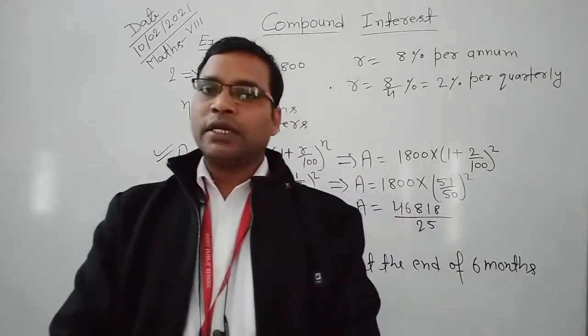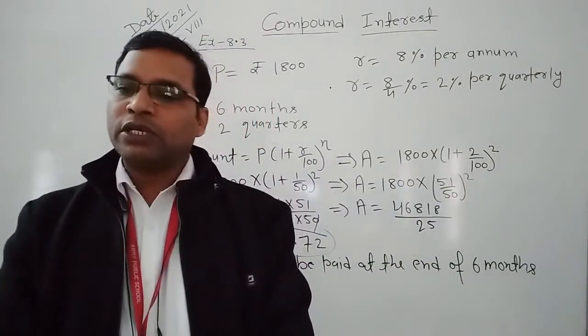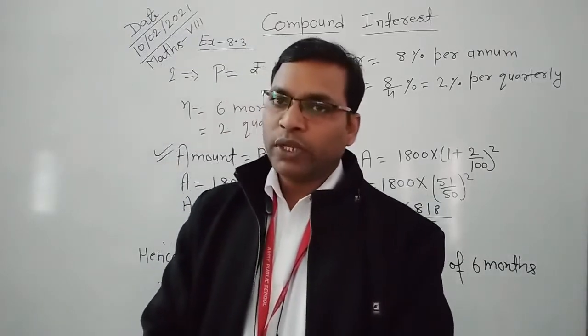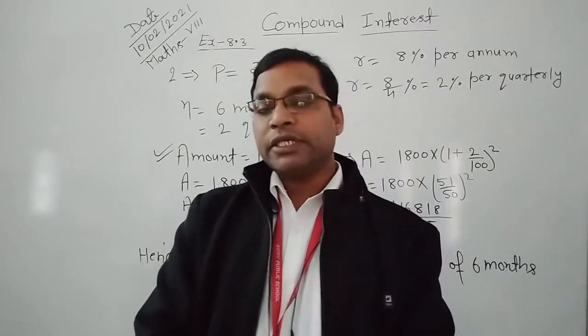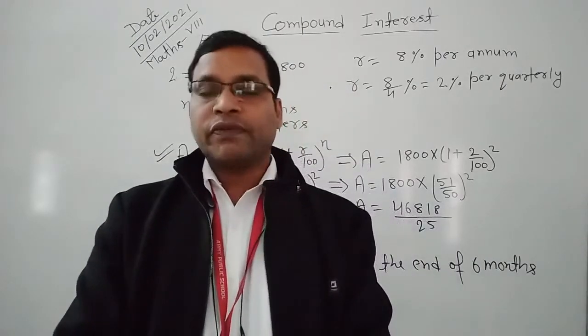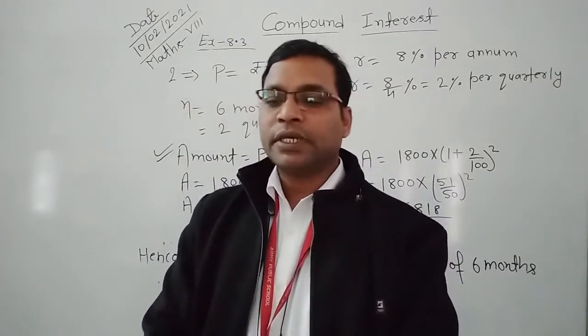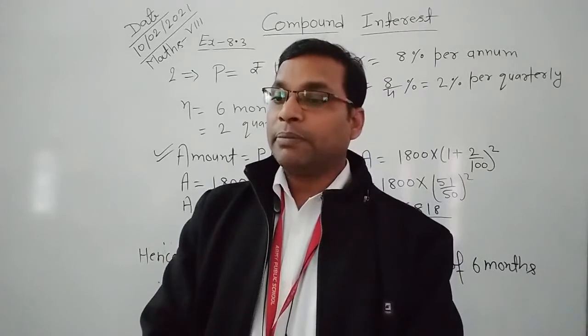So student, here you can see the principal is given as 25,000 rupees, time is given as 2 years, and rate is given as 4% and 5%. It means that the rate for the first year is 4% per annum, and the rate for the second year is 5% per annum.